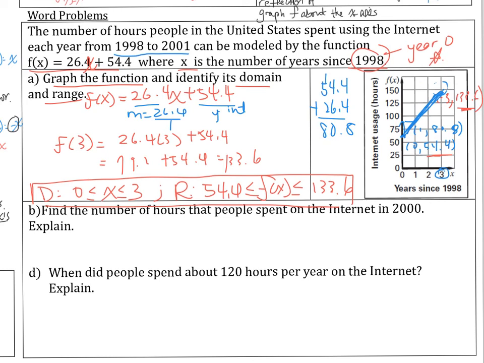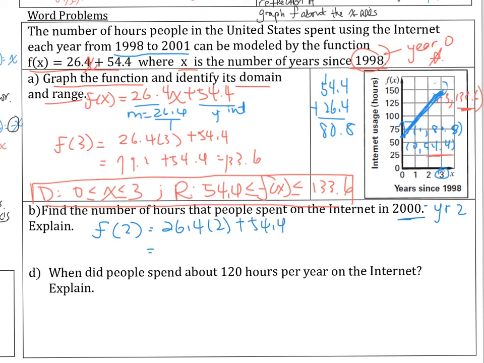And part B, find the number of hours that people spent on the internet in 2000 and explain. Okay, so we know the year 2000 corresponds to year 2. So we can plug in 2 for x, and that would be 26.4 times 2 plus 54.4.